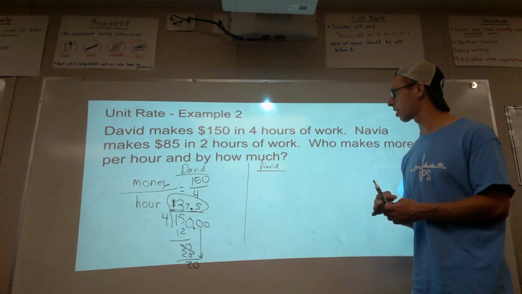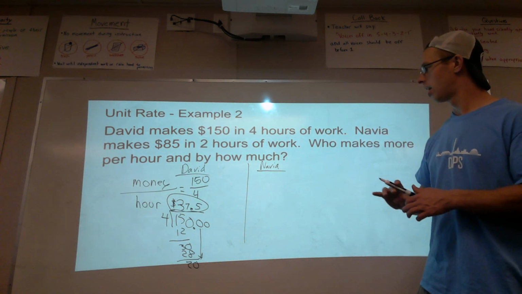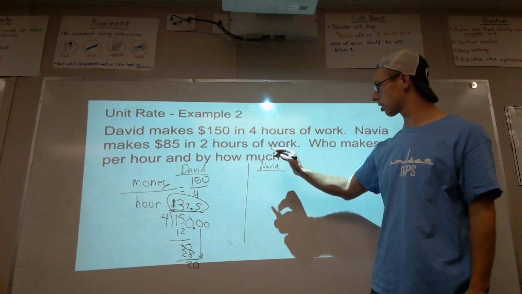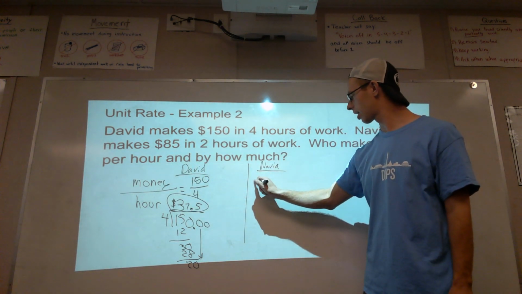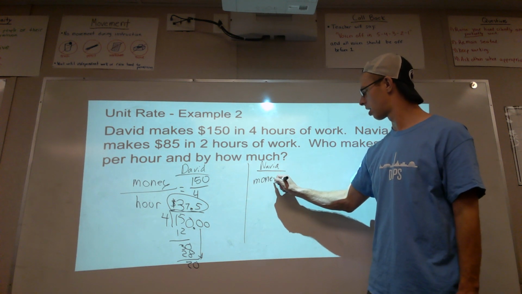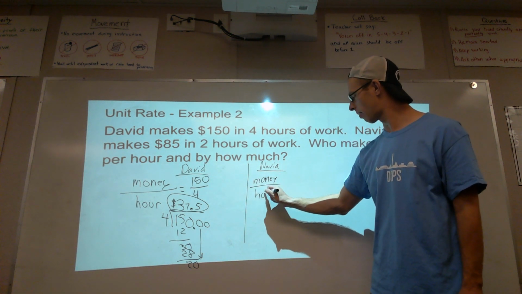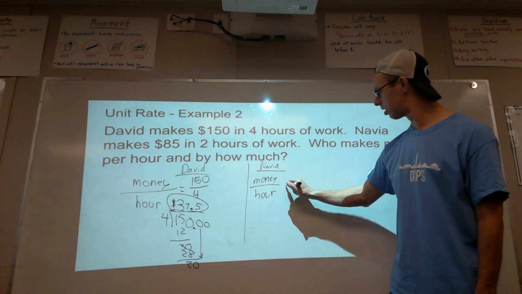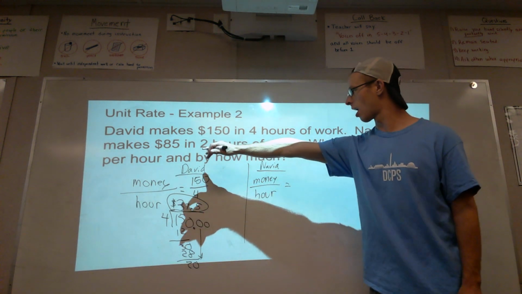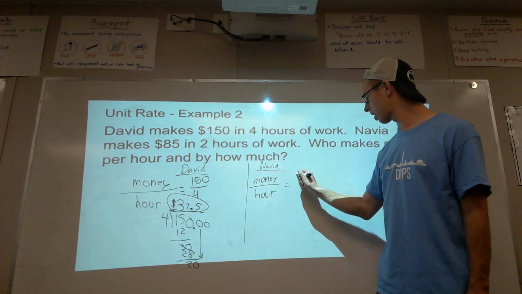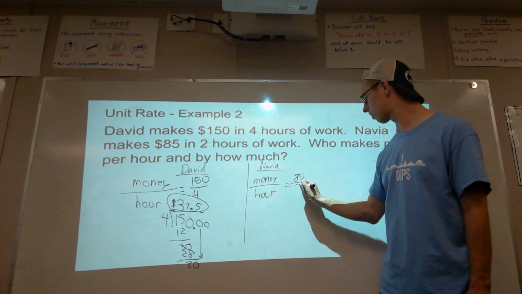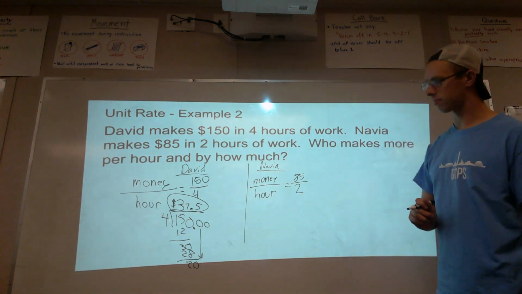Okay, so now I'm going to look at this Navia. Navia makes $85 in 2 hours. So let's look at it. Okay, again, I want to do money per hour. Okay, so I'm going to set it up as money over hour. I'm going to line up 85, which clearly goes with money here. And I get 85, 2 clearly goes with hours, over 2.